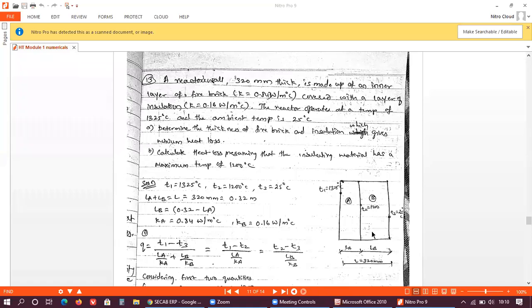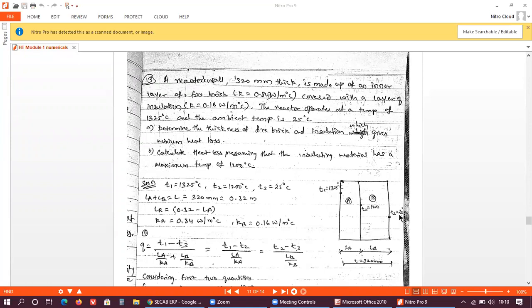This reactor operates at a temperature of 1325 degrees Celsius, so the inner temperature is 1325 degrees Celsius. I consider this the inner surface of the reactor, and the outer surface temperature is 25 degrees Celsius, the temperature of the surrounding.